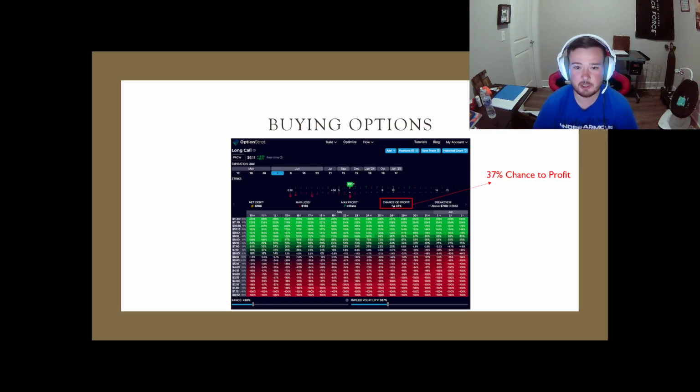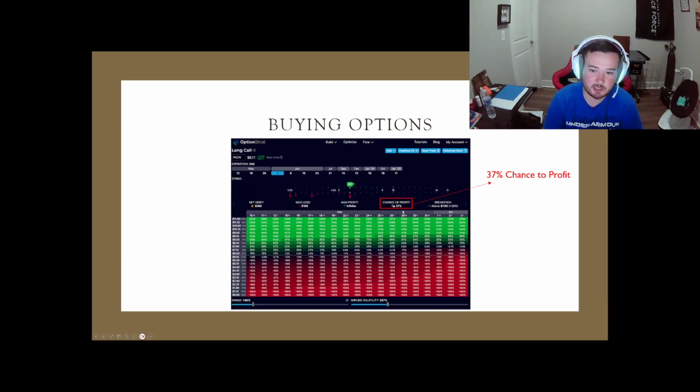But regardless, let's break down buying options for a second. So if we were to buy this June 2nd, so right here is the expiration. Because it's highlighted on June 2nd, that's 24 days away. This contract expires. If I was to buy this contract, it's going to cost me $168. My max loss is $168.